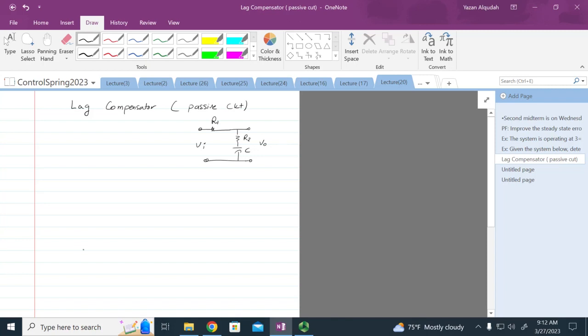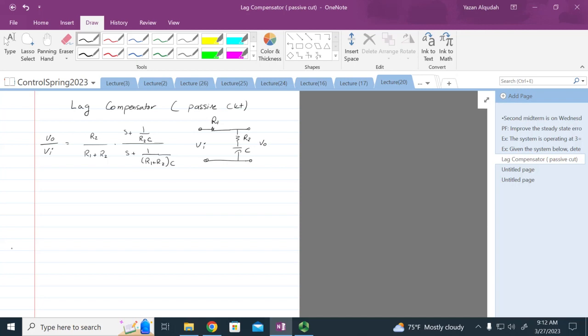What is the relationship between output and input? Okay, so V output over V input, as you know, this is a voltage divider.